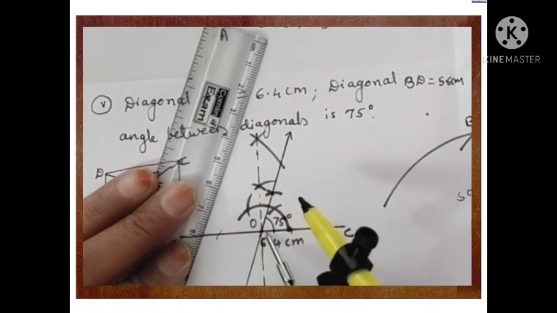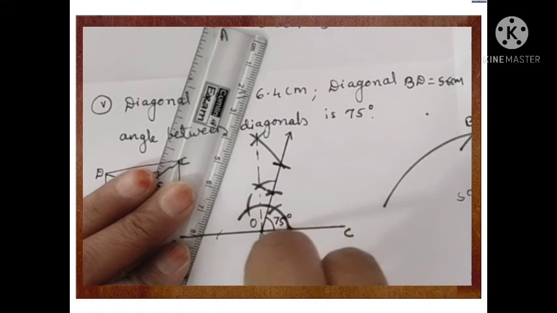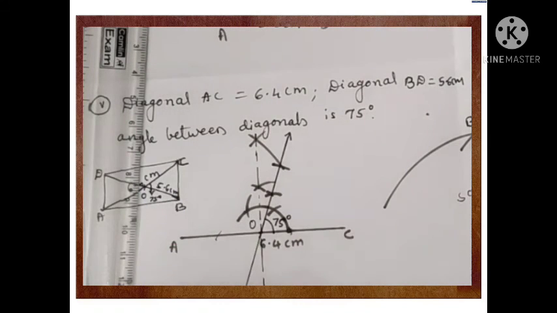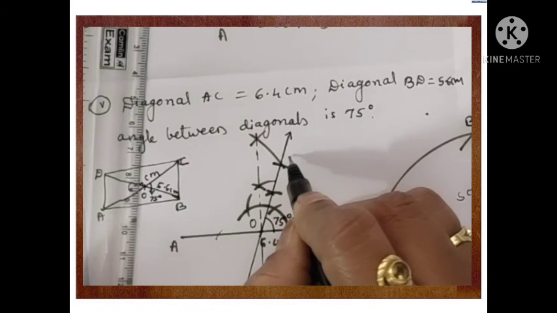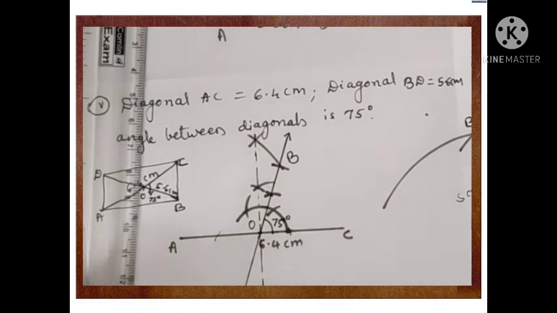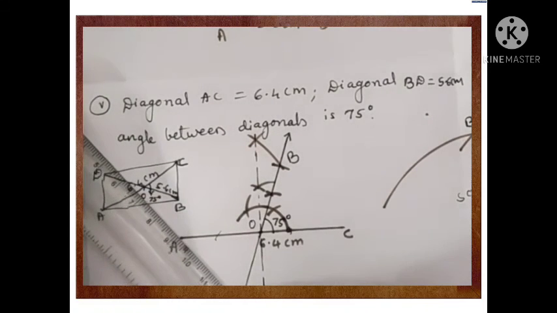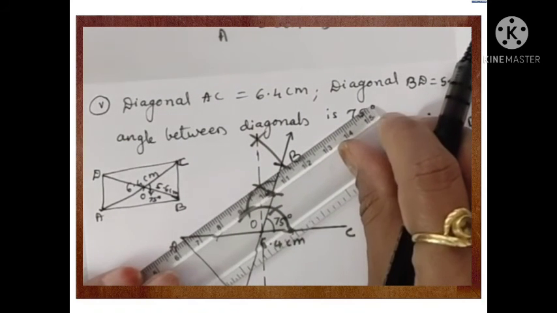By taking center O, cut the line so that we get vertex B and D. Join AB, BC, CD and DA, which is a parallelogram ABCD.